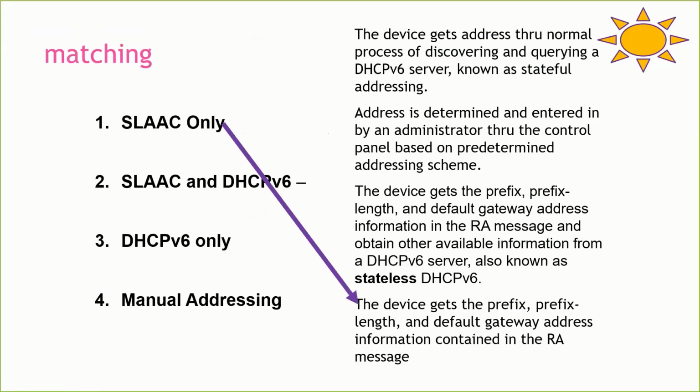Everything. Okay, now what about stateless, where I'm running SLAAC and DHCP? Let's see, the device gets the prefix length in the RA and obtains other available information from the server. That looks right to me. And how about DHCPv6 only? So it's running a server.